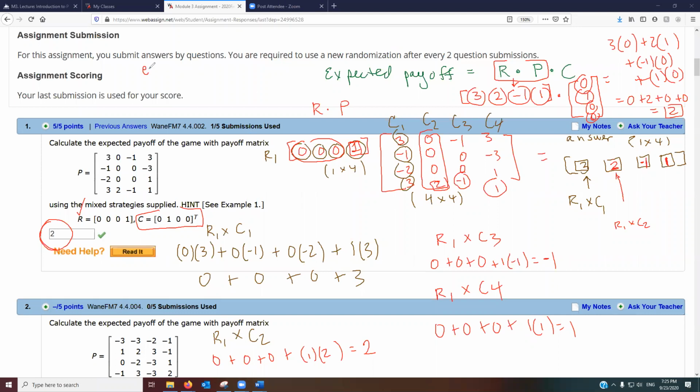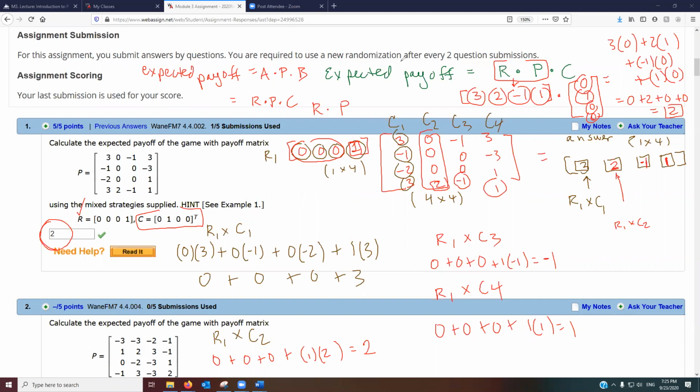Sometimes we write it differently, depending on how we label the matrices, right? So sometimes in the textbook, they were showing A times P times B. Or you could write it as R times P times C. It doesn't matter what you label the strategy matrix, it's the result of multiplying these 3 matrices together.